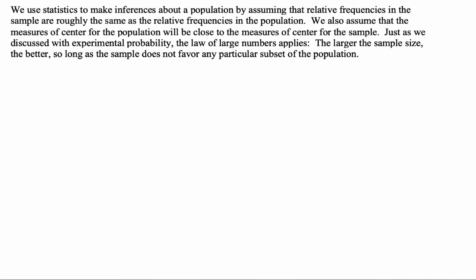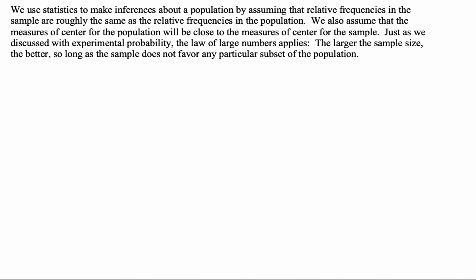Okay, main idea. We use statistics to make inferences about a population by assuming that relative frequencies in the sample are roughly the same as the relative frequencies in the population. We also assume that the measures of center for the population will be close to the measures of center for a sample.